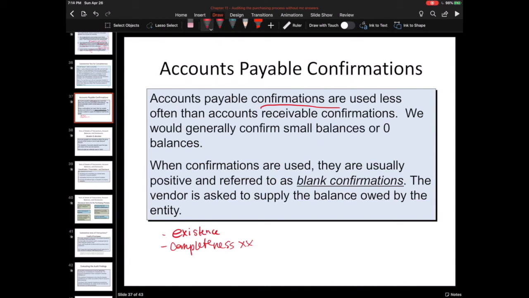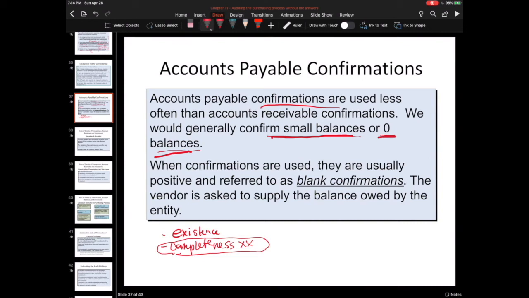Now, what makes AP confirmations special is we generally confirm small balances or zero balances. And this is why AP confirmations are also a test of completeness, because the point of us testing small balances or zero balances is we're making sure that these balances are not understated, right?